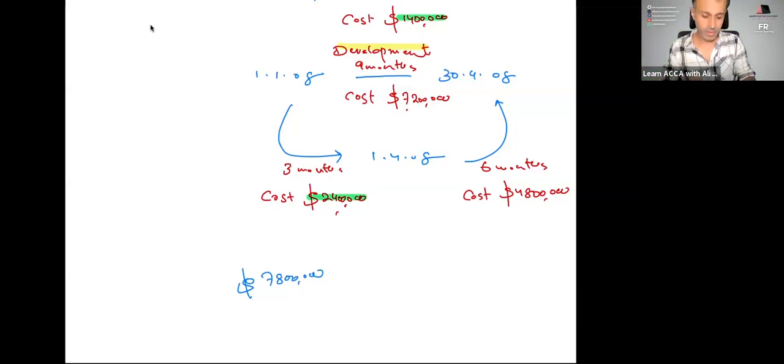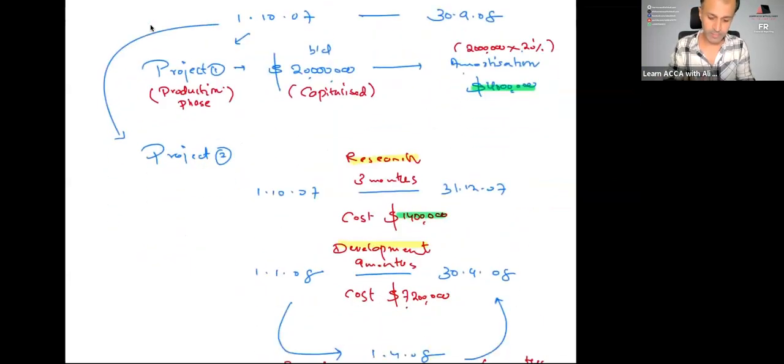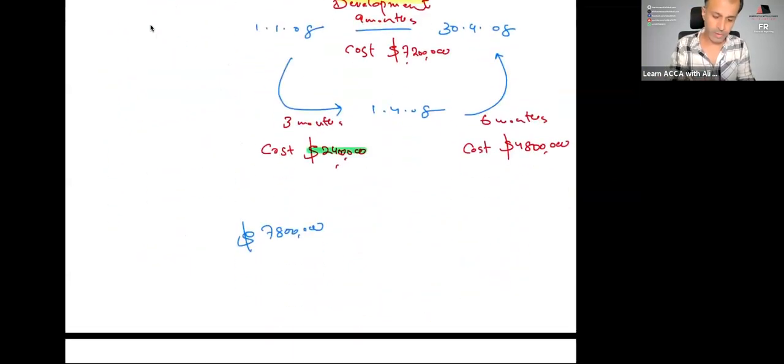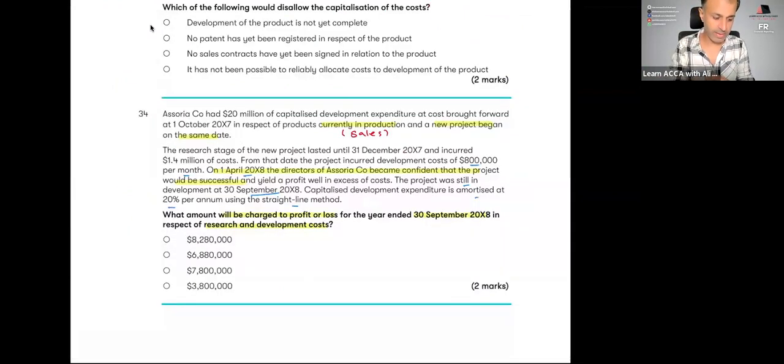Okay. So this is the answer that will go into profit and loss. Our job is pretty much done. Which option do we have to select? It is the one that says this. That option is this one.